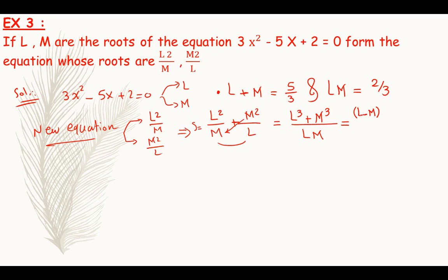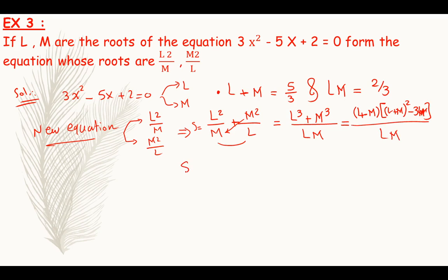So we are going to replace it by the first one, which will be L plus M multiplied by the large bracket, L plus M to the power of 2 minus 3LM, over LM.